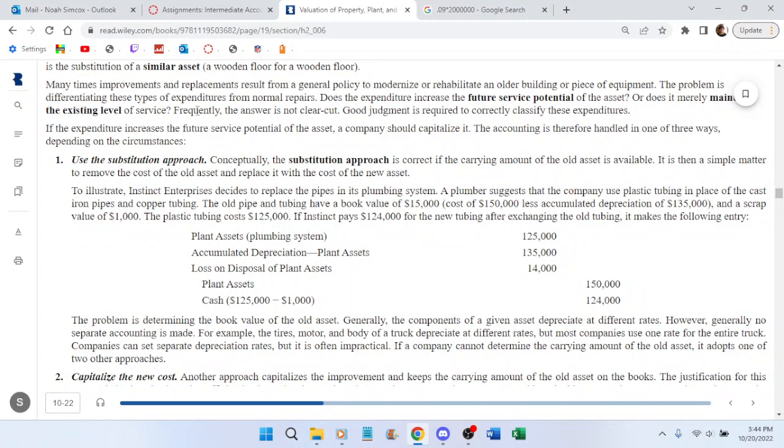Instead of the old iron and copper tubing, we will use plastic tubing. Hilarious. So the old pipe and tubing have a book value of $15,000, cost of this minus depreciation, scrap value of $1,000. Plastic tubing costs $125,000. They paid $124,000 for the new tubing after exchanging the old tubing.